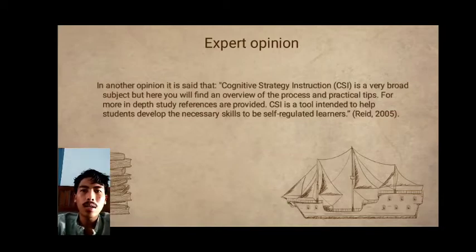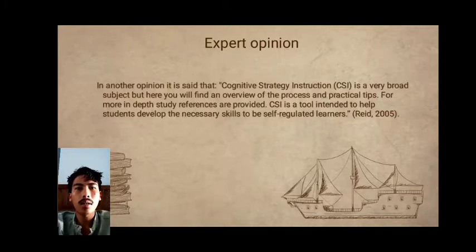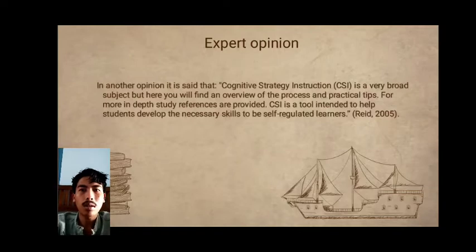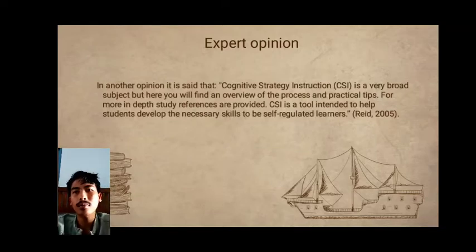In another opinion, it says cognitive strategy instruction (CSI) is a very broad subject, but here you will find an overview of the process and practical tips. For more in-depth study, refer to the reference. CSI is a tool intended to help students develop the necessary skills to be self-regulated learners.